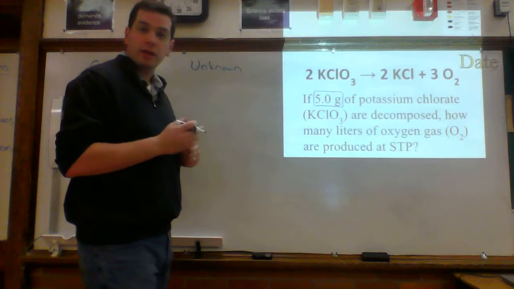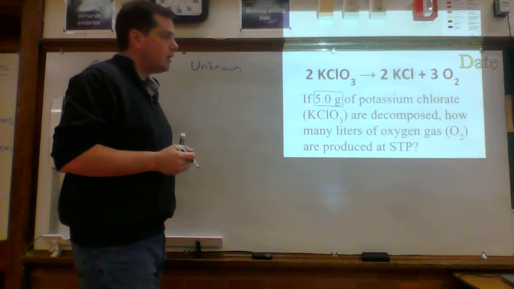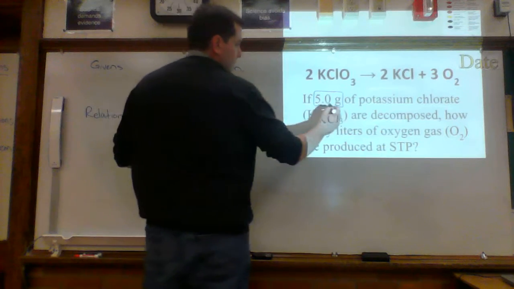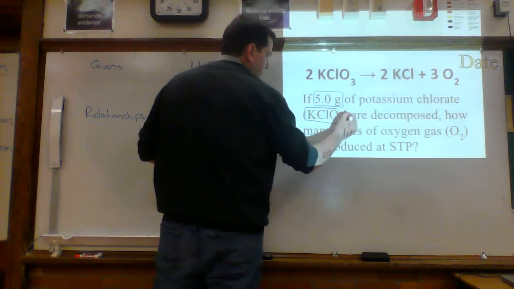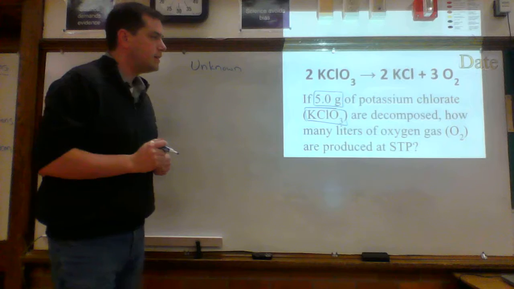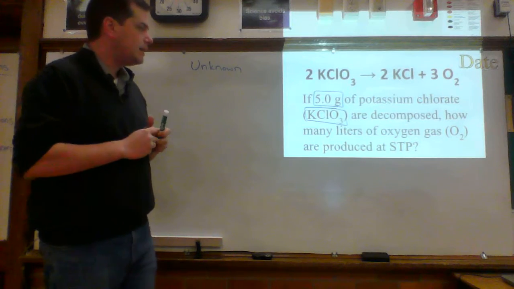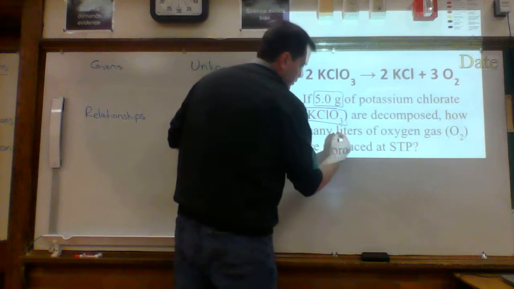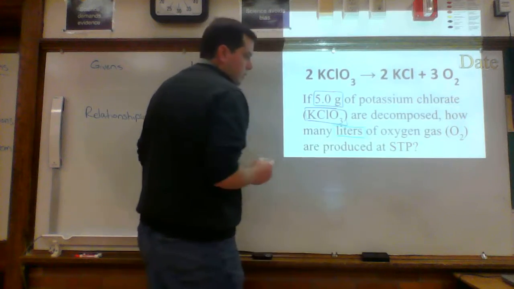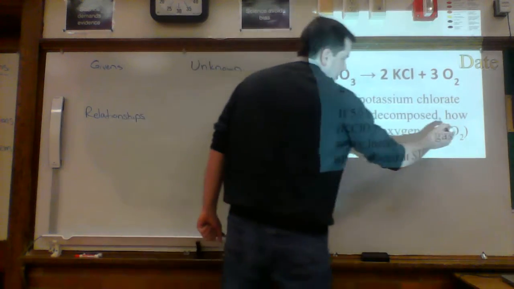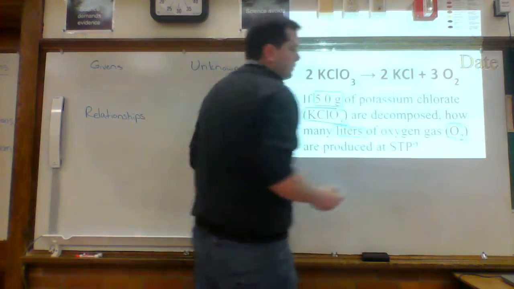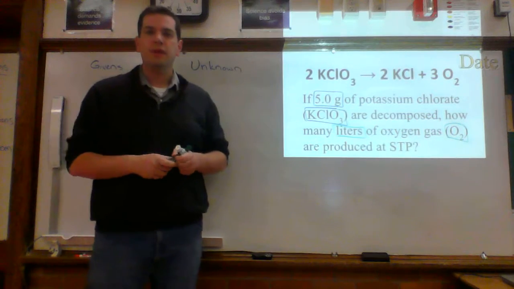And remember, I get the number and the unit. And I'm also looking for a chemical, and here it is, potassium chlorate, KClO3, are decomposed. How many liters, there's my unit, of oxygen gas, there's my chemical, are produced at STP?